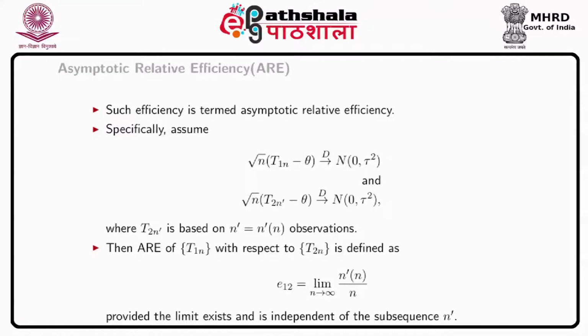That means n prime is a subsequence of n. Then ARE of T1n with respect to T2n is defined by u12 equal to limit of n tending towards infinity of n prime by n, provided the limit exists and is independent of the subsequence n prime.